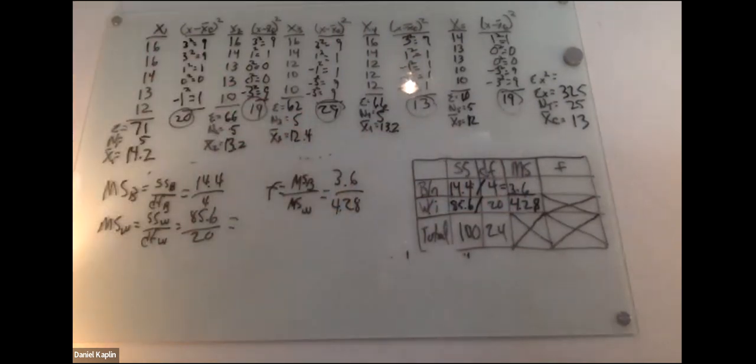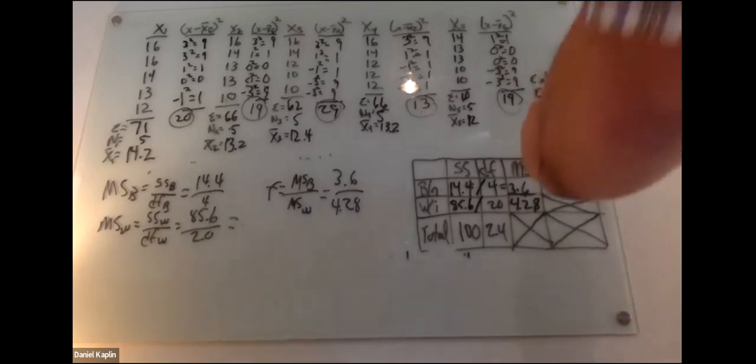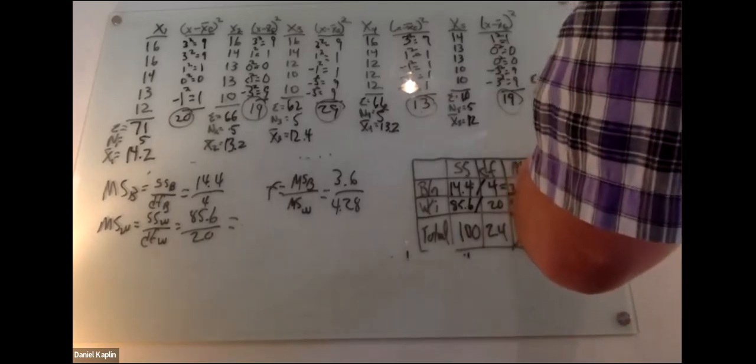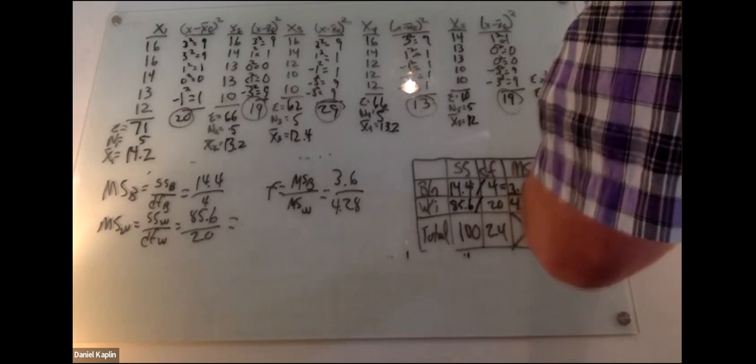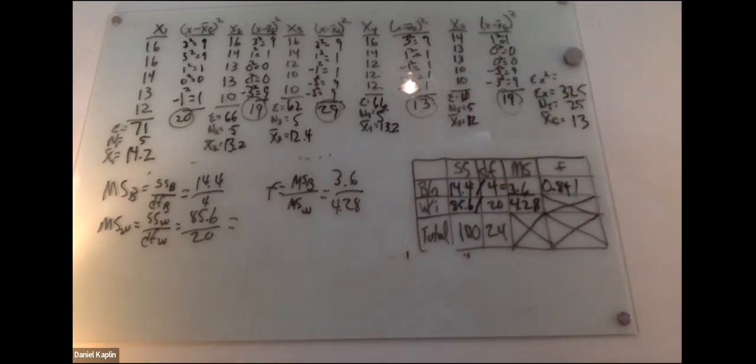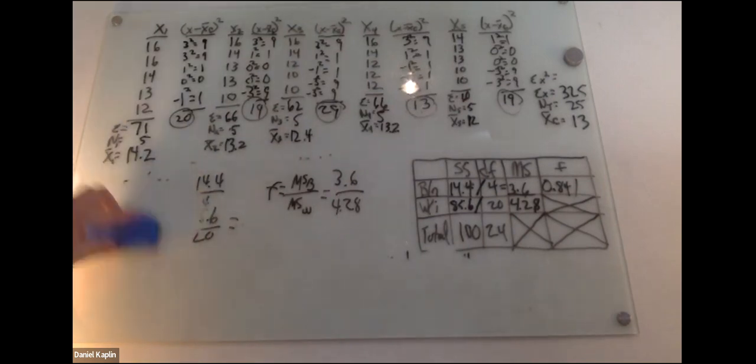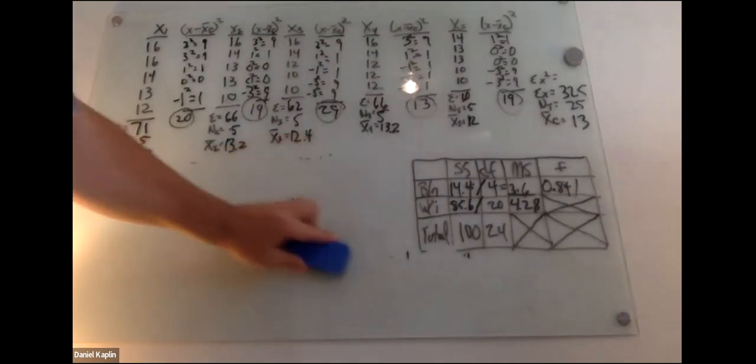Let's see what we come up with. 3.6 divided by 4.28 gives us 0.841. Okay, so here was our first calculation. So we did all of our processes using a definitional formula. The last thing we need to do is to work it through our 8 steps, right?